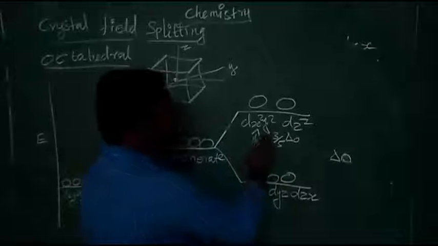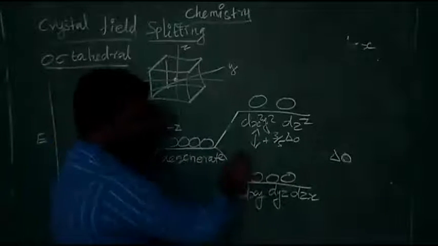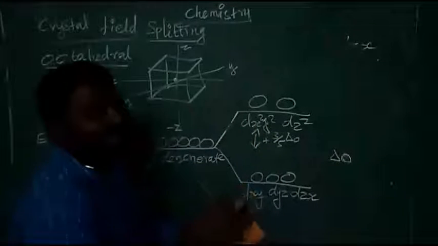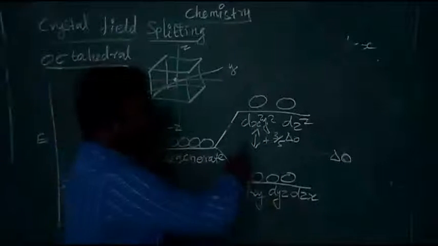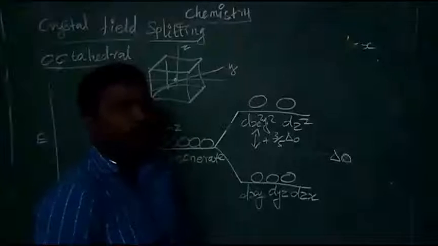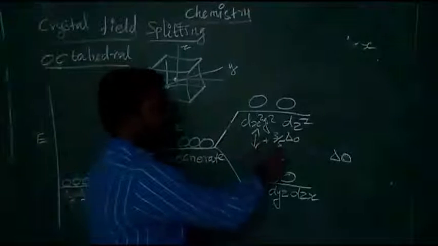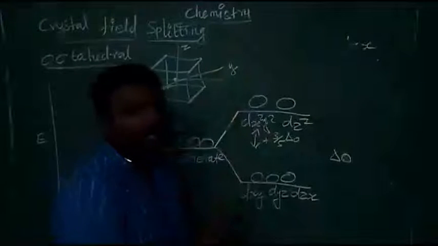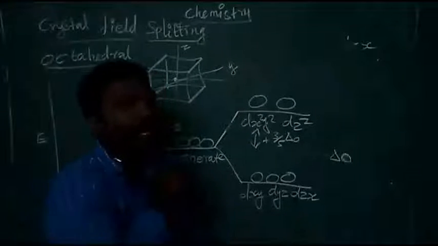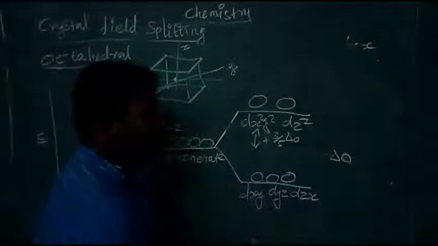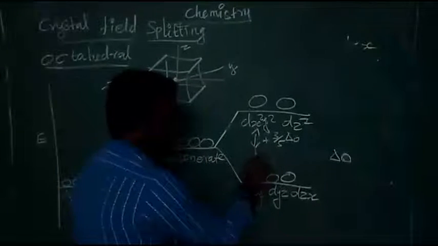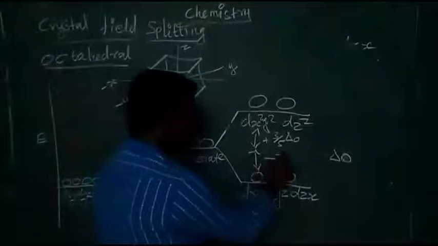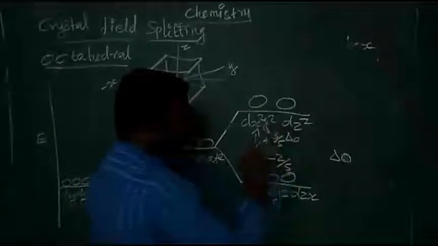Actually, it should be on this line, but the energy is increased due to the axial approach of the ligand. So for these two orbitals, the energy is increased by plus 3/5 delta naught. Anyway, all the 5 want to maintain the average energy level. For that, the remaining 3 decrease from their average energy. How much do they decrease? Minus 2 by 5.